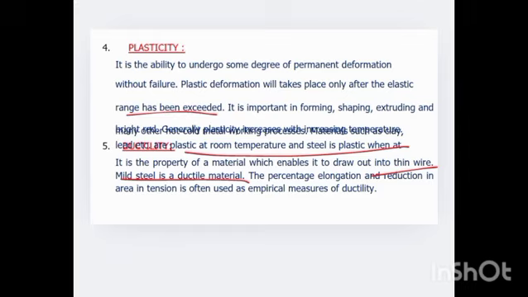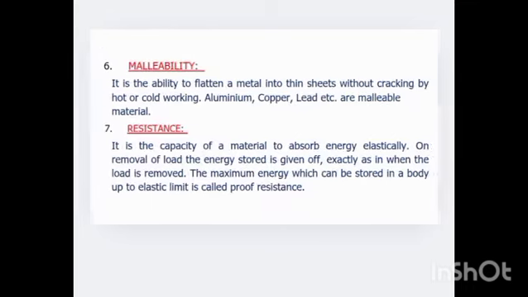Materials with high ductility can undergo large deformation before breaking. Then malleability. Malleability is the ability of a material to be hammered or rolled into thin sheets without cracking. Aluminum, copper and lead are examples of malleable materials. This malleability property is very useful in sheet metal industries.